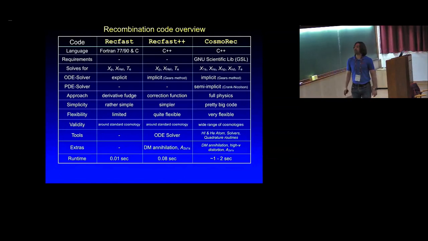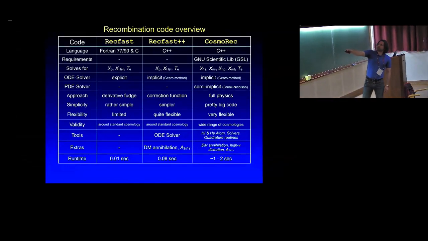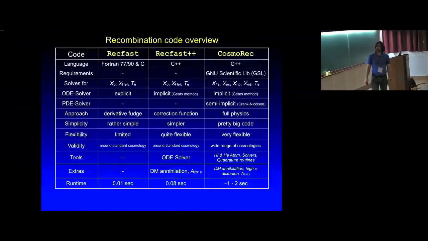All right. But this code, and I will try to show this as well, has a lot of routines inside which you can use. This one is quite limited in flexibility, because you have to actually update derivatives and all kinds of things, whereas here it's very easy to just add equations or change the equations, and you don't have to worry too much.